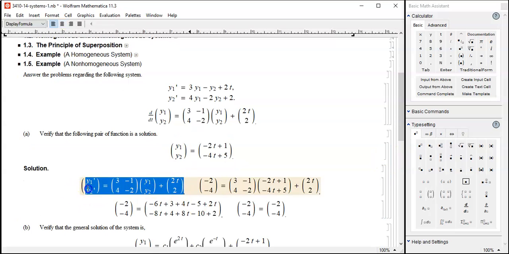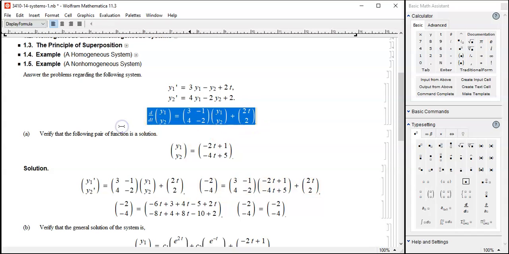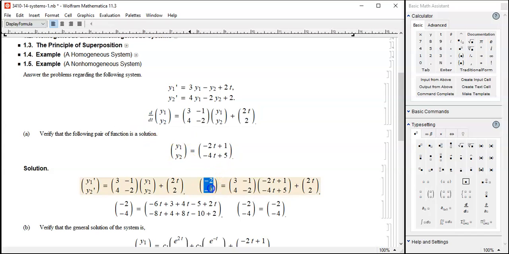Well, here's the original equation. I just copied it from here, basically. And then we take the derivative. Take the derivative, -2, -4. That was easy. And then this is a matrix multiplication. Here we have y1 and y2. So we multiply first line, column, and that's going to be up to here.